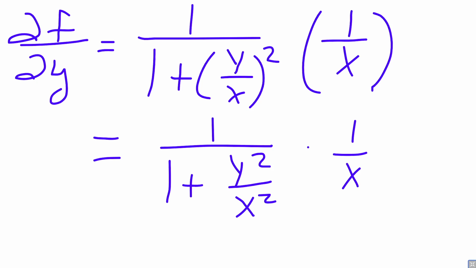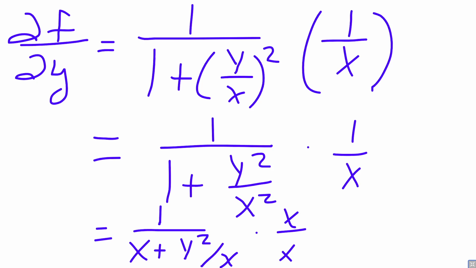Essentially, this is going to give us 1 over x plus y squared over x. So I'm going to do one more multiplication of x over x because I don't want the complex fraction. So I'm going to end up with x over x squared plus y squared. Okay. Any questions?